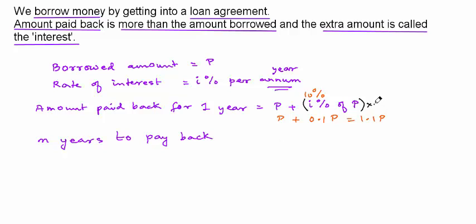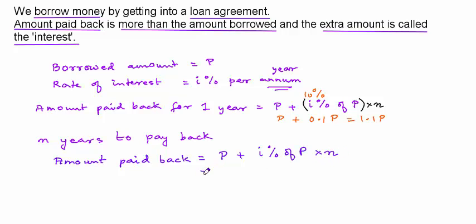So this is going to be multiplied with N. So if we may write that down, the amount paid back is going to be equal to the amount borrowed, P, plus I% of P multiplied with N, which is equal to P plus I over 100 if this I is expressed as a percentage, 10% or a 5% or a 2%. So that's I over 100, change it to a decimal, of P, that means times P times N.